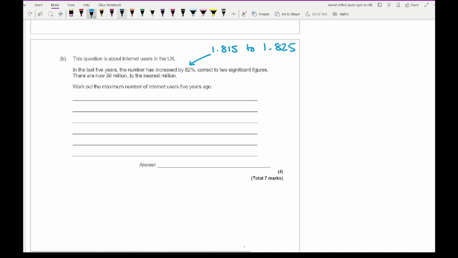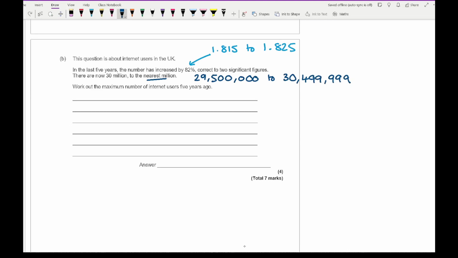Then for 30 million rounded to the nearest million, well, the lower limit is going to be 29,500,000, and the upper limit will be 30,499,999.